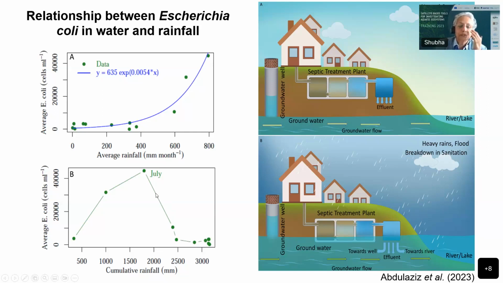So this indicates that the drainage of fecal material into water starts well before any flooding, and you can actually reach peak contamination before flooding. The other argument could be that when the floods are severe, the heavy runoff could wash away some of the contamination into the water.